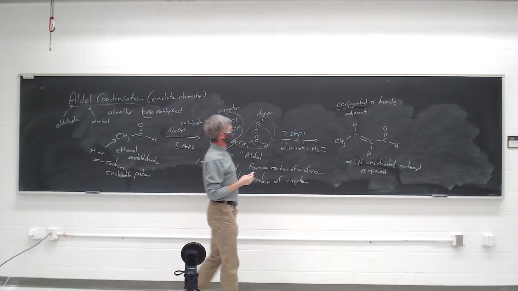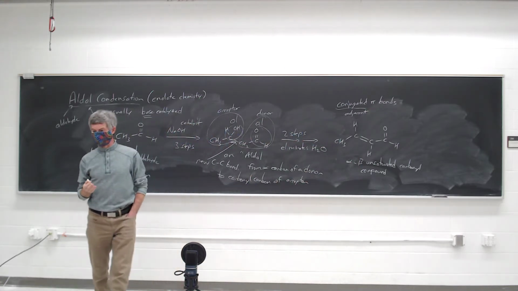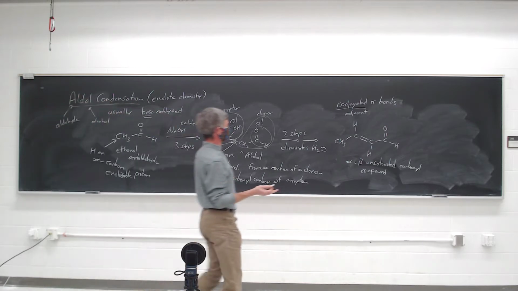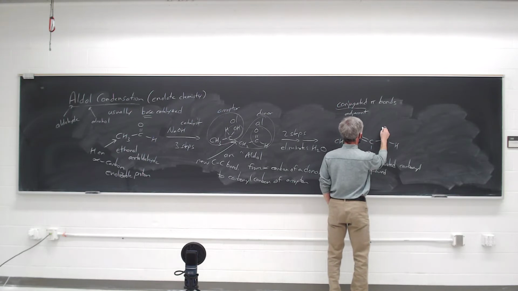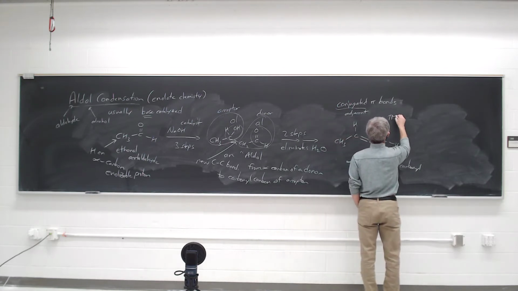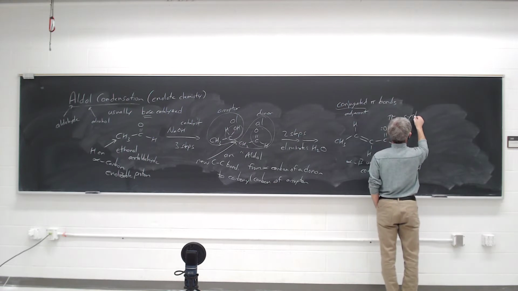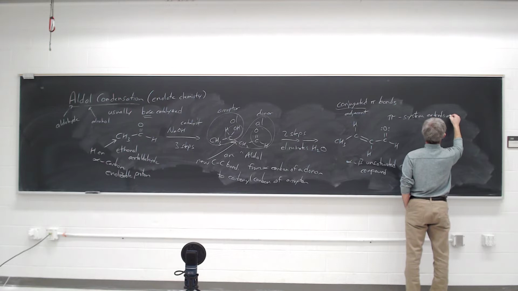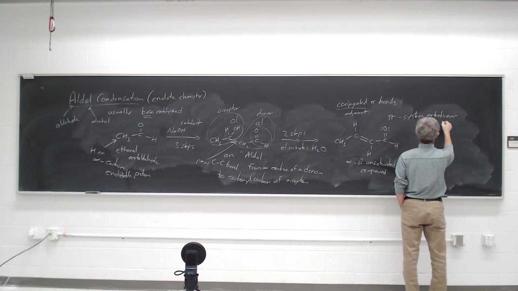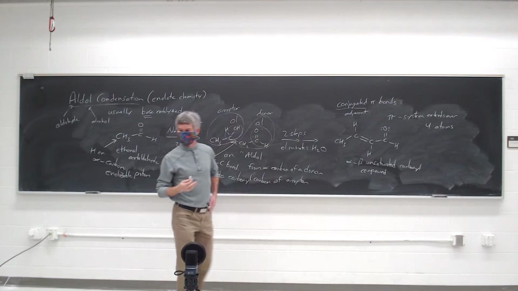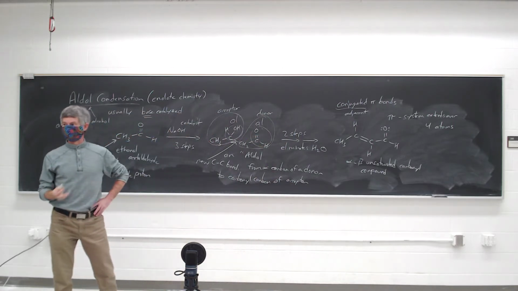So we have a carbon-carbon double bond and a carbon-oxygen double bond adjacent to one another, and that imparts special stability because now we have a pi system that overlaps over 4 atoms. The more atoms your pi electrons can be delocalized over, the better.